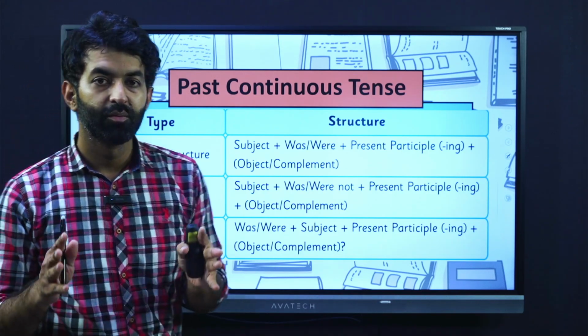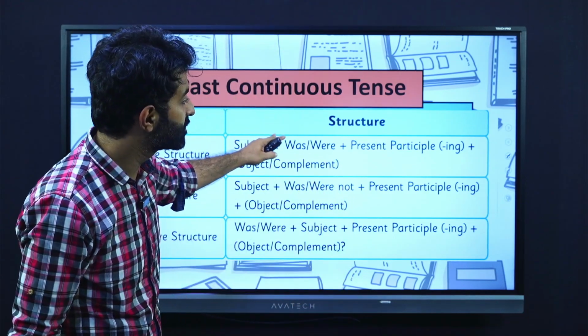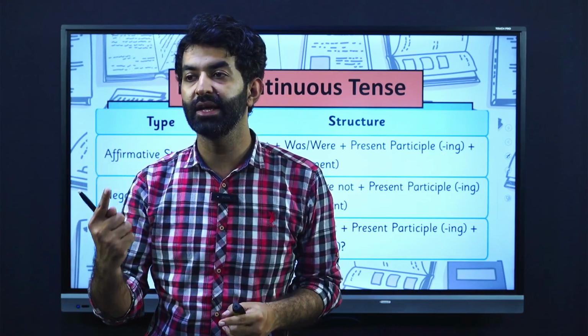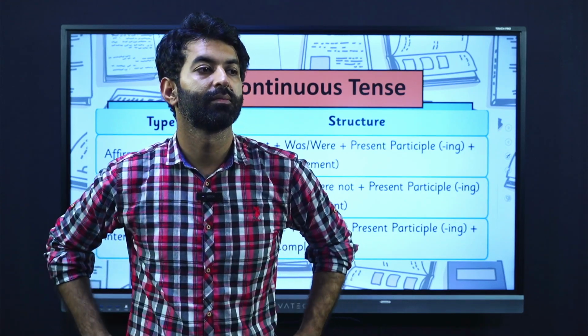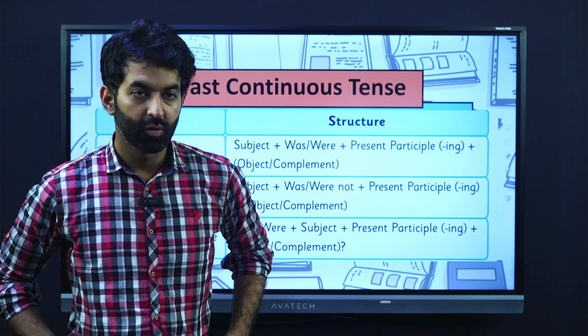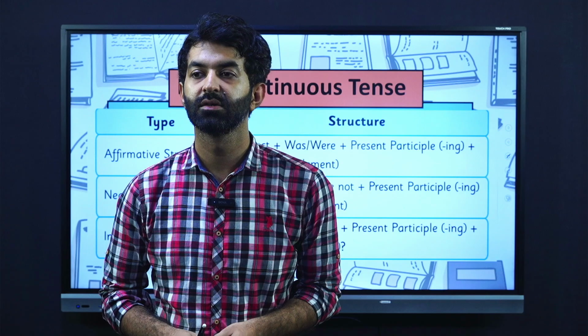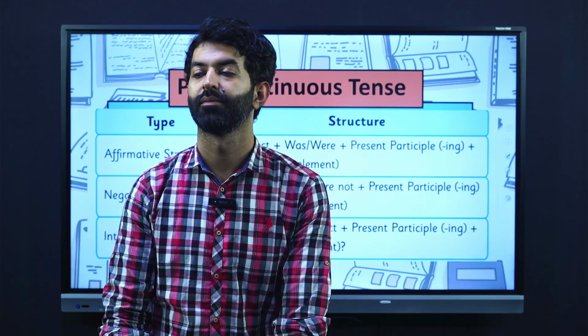Now, before we move on to past continuous tense, I would like you to give me one sentence at least of past simple. Yes. Quickly, students, make a sentence with the past tense in affirmative.